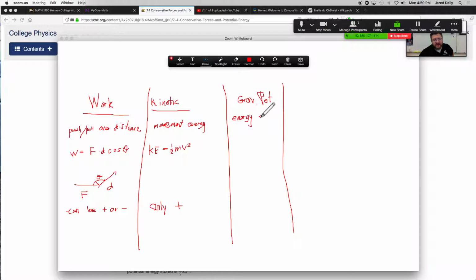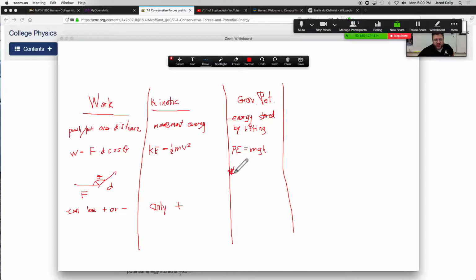Stored by lifting, you can think of it as. And that's potential energy, mgh.